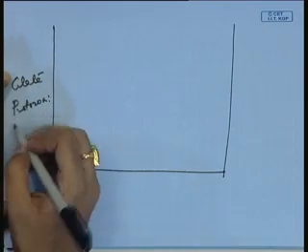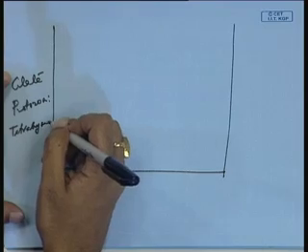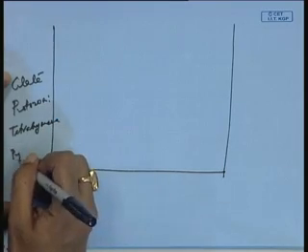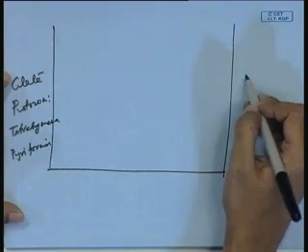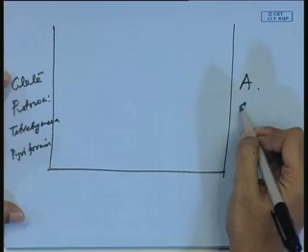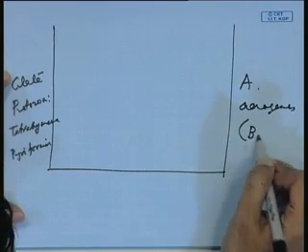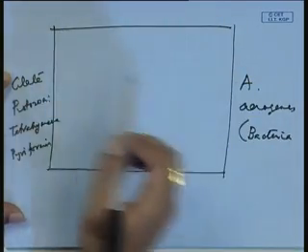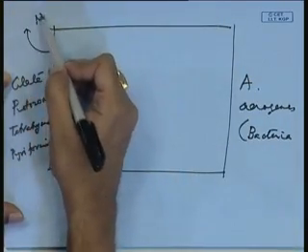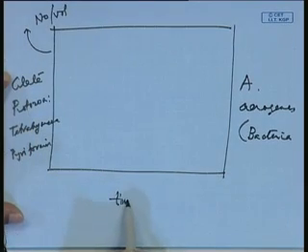Its name is Tetrahymena pyriformis. Okay. And the bacteria is A. aerogenes. Okay, this is a bacteria. And the y axis is essentially number per unit volume. Okay, the x axis is time.